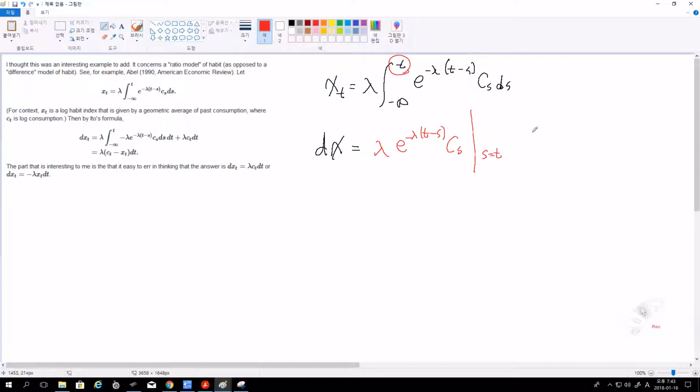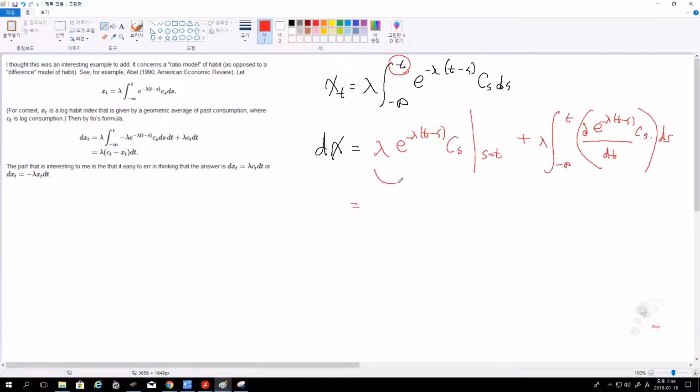And the third part, this one, we have lambda times the integral from minus infinity to t, and we have to take the derivative of this term, ds.